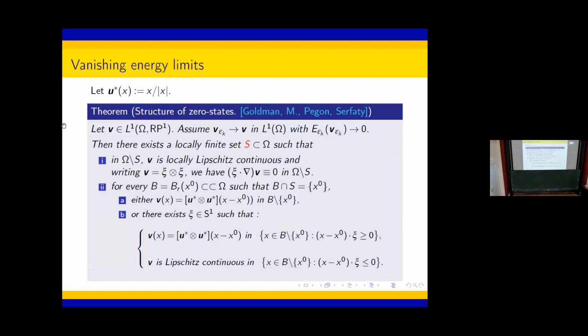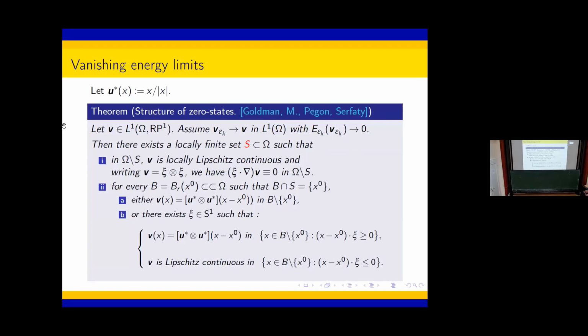Okay, and we also have a very good description of the zero limit states. So when I assume furthermore that the energy goes to 0, then outside a locally finite set, so I have some points, and outside this set, V is locally Lipschitz continuous.